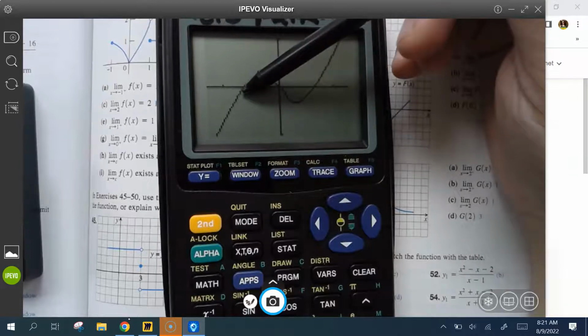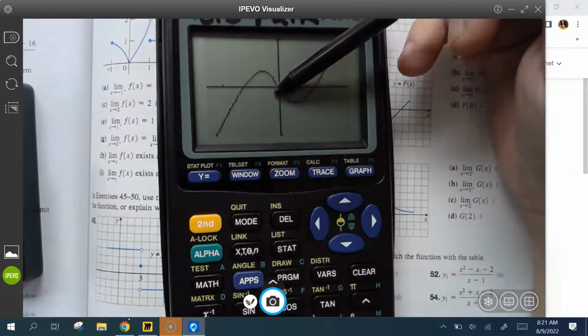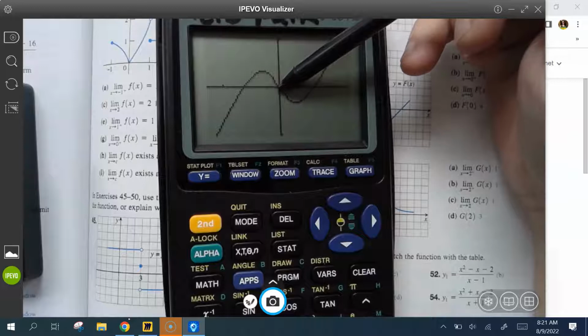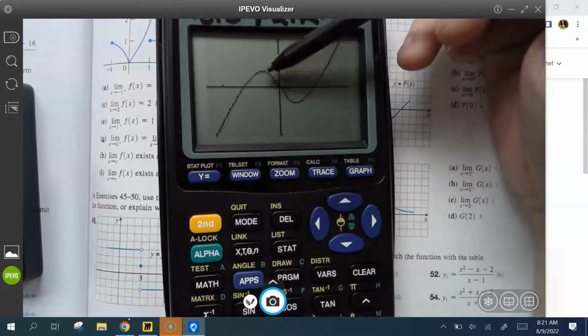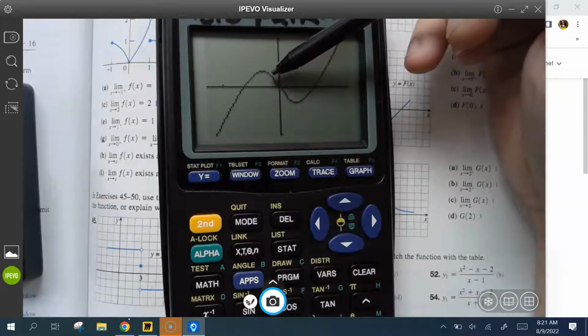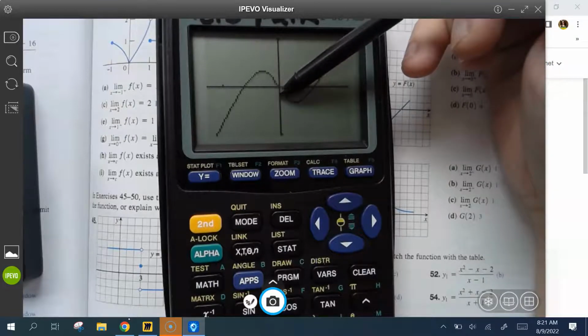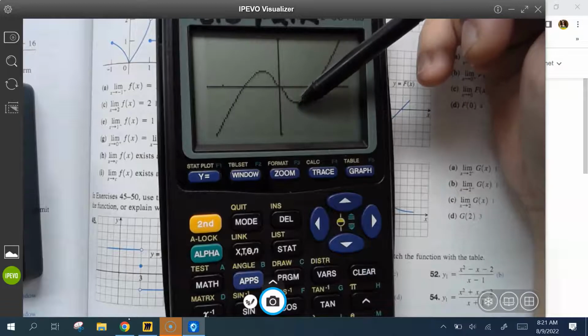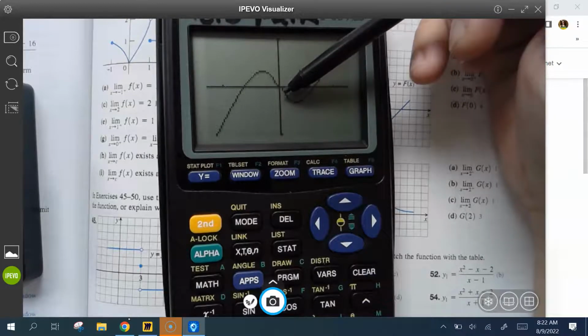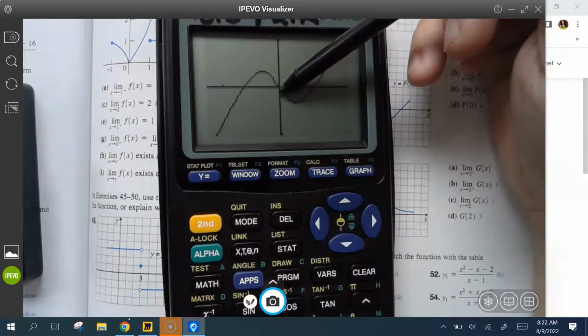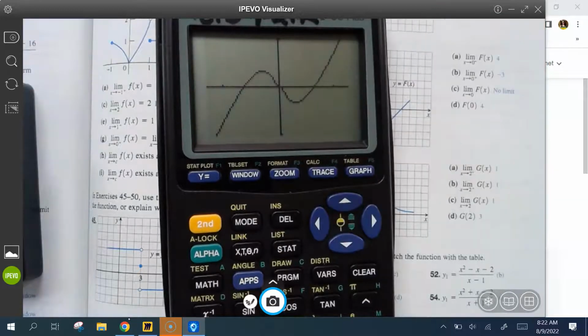If I come from the left side and get closer and closer to zero, y is getting closer and closer to zero. So this y might be like 0.2, 0.1, 0.01, 0.001. And over here, this might be negative 0.2, negative 0.1, negative 0.01, negative 0.001. Both of them are coming closer. They're just coming from different directions.